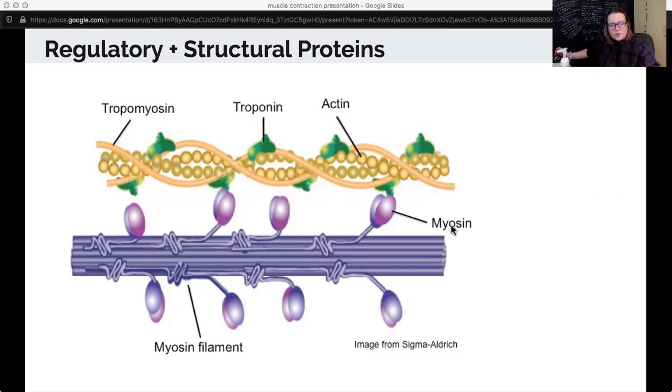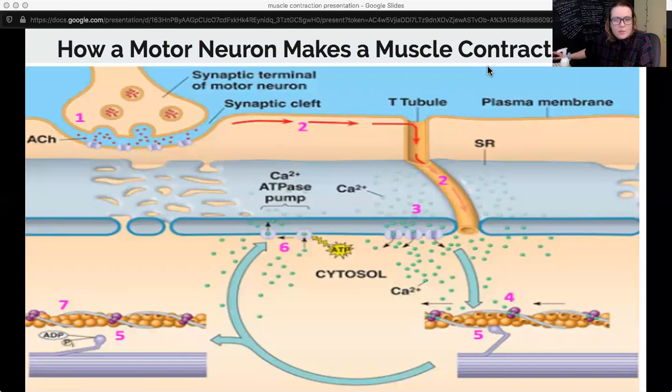There are also structural proteins, which aren't in this picture, such as nebulin, dystrophin, and titin. They provide proper alignment and allow the muscles to extend and be elastic. For a muscle to contract, you need an action potential from the nervous system.